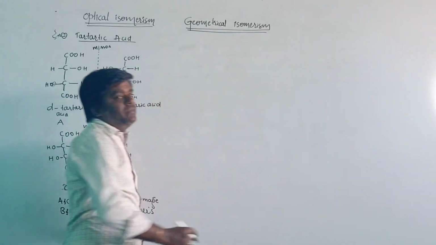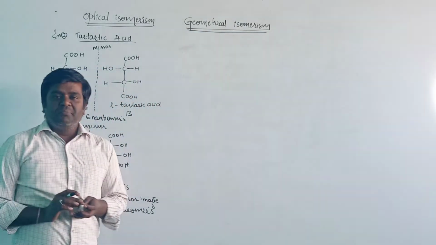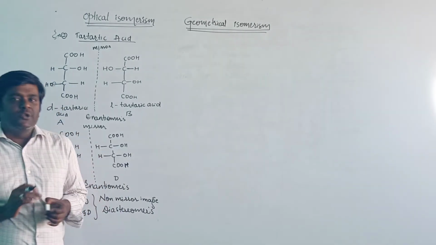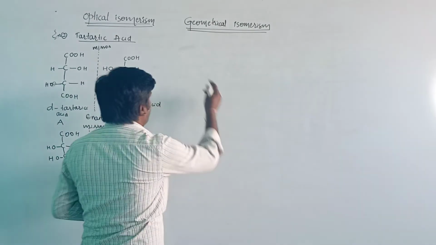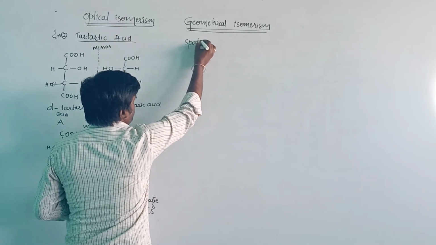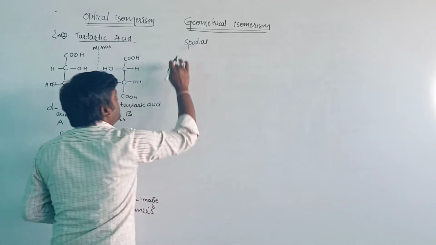The compounds having the same molecular formula but differing in the spatial arrangement of atoms or groups of atoms around the carbon-carbon double bond are known as geometrical isomers. Here I will tell the definition once again.